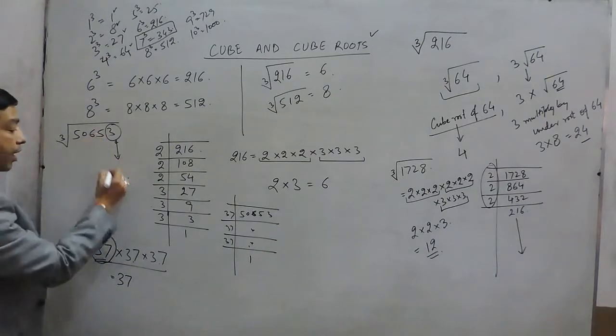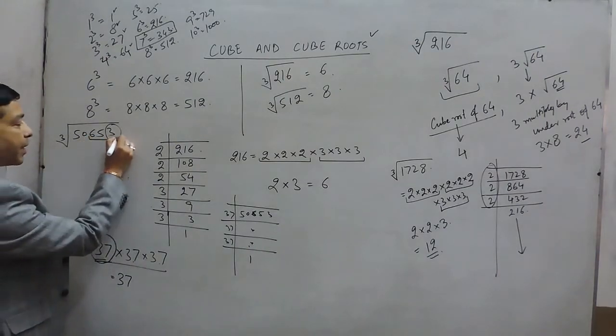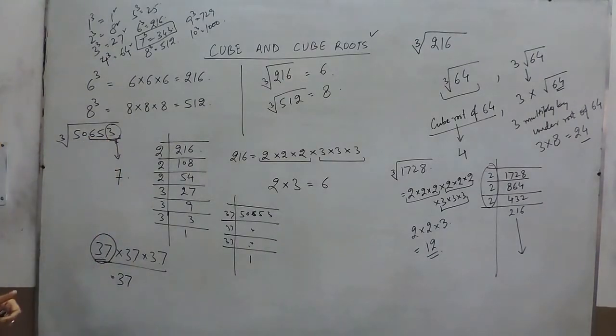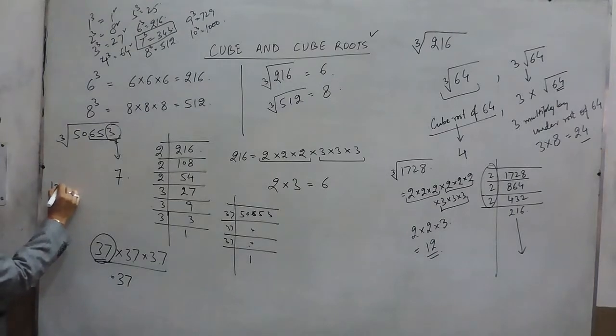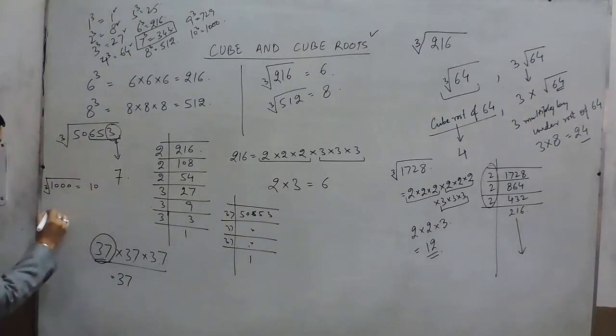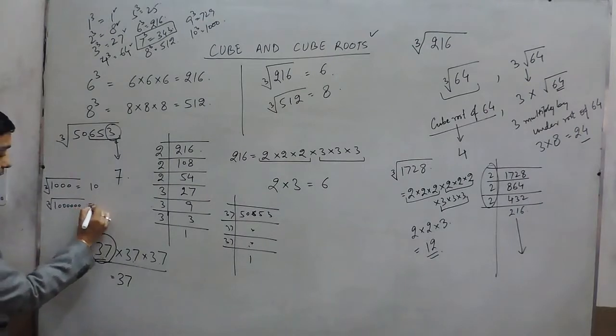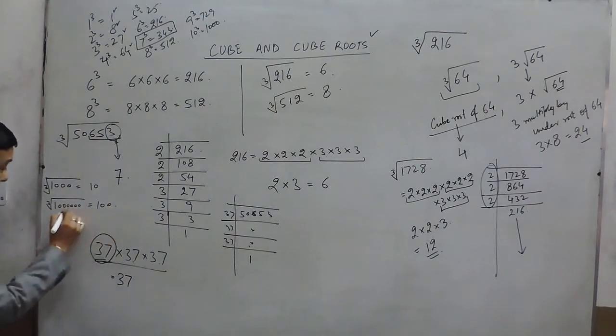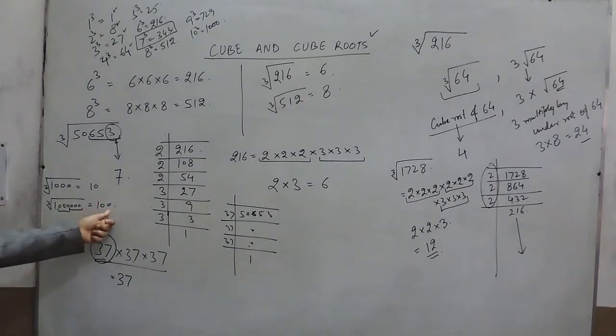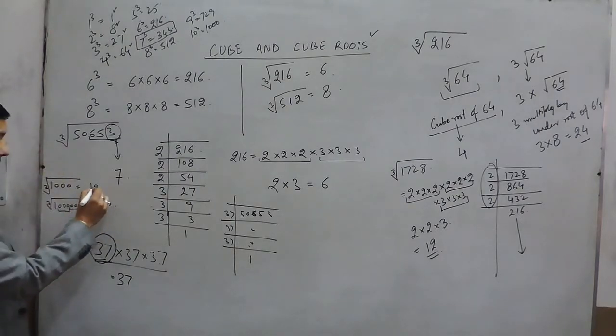We understand that this unit place is determined by the last 3 digits. Why am I saying the last 3 digits? Because the cube root of 1000 is 10, and the cube root of 1 with 6 zeros is 100. So every 3 zeros give a 0 in the root.